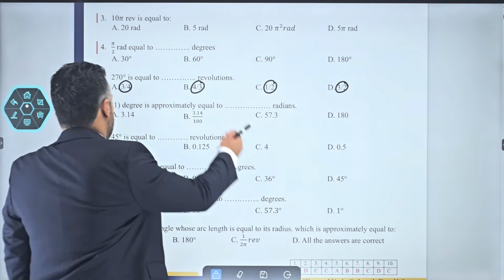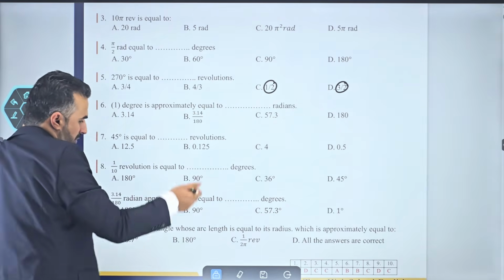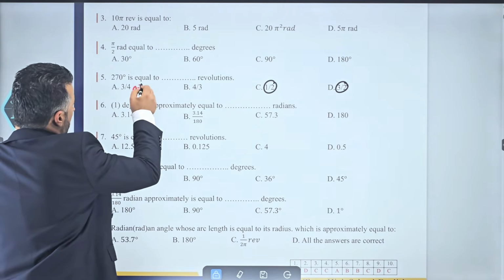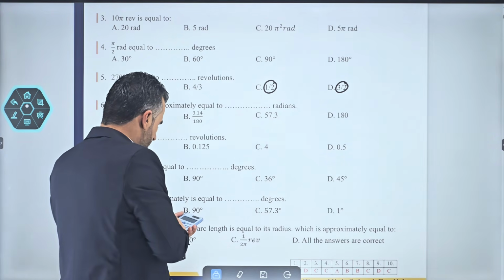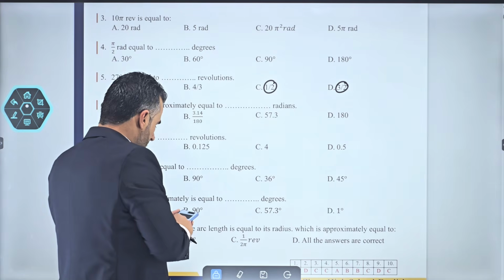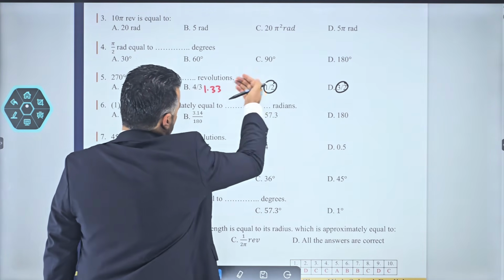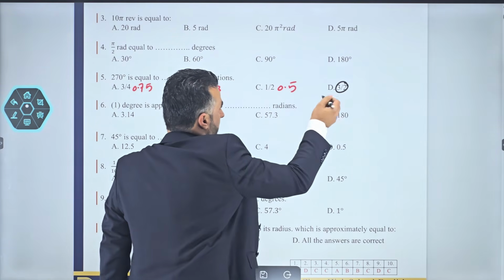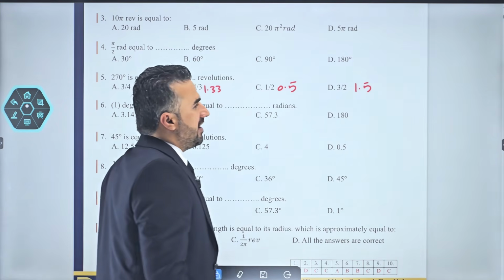So the best option is to convert those. 3/4, that is, we can say 0.75. 4 over 3, that is 1.33, right? There are a bunch of 3s, but we'll just write this for now. 1 over 2, that is 0.5. And then 3 over 2, that is 1.5 here.